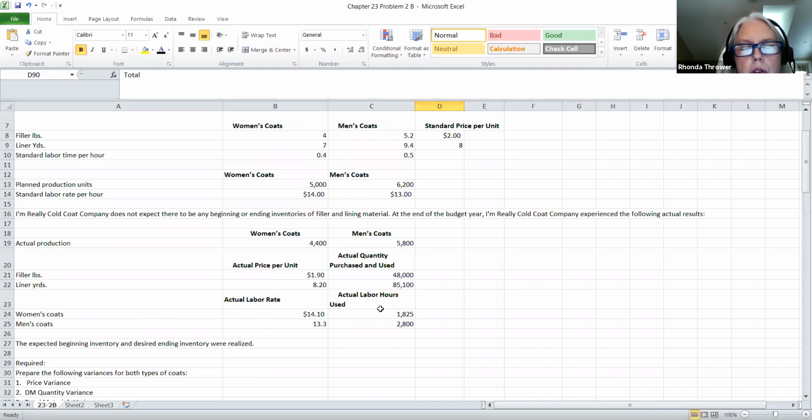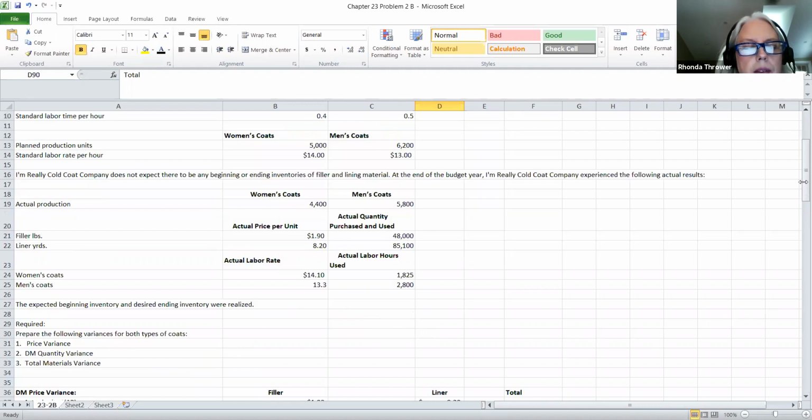The actual labor time it took to produce those coats was 1,825 hours for the women's coats and 2,800 for the men's coats. The expected amount of beginning inventory and desired inventory are going to be realized.